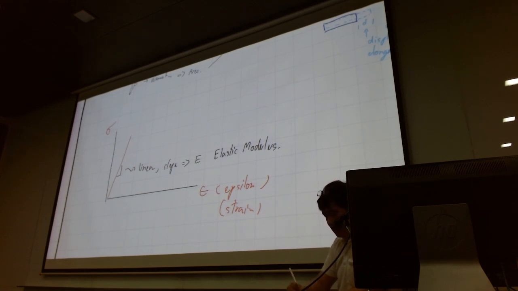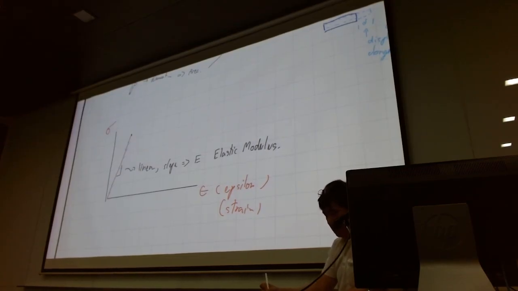So it means that the relationships along this line, what happened here is that if you start pulling onto the specimen, it will go up, up, up the curve like that. And when you remove the loading, it will go down the curve and it will go to that 0.